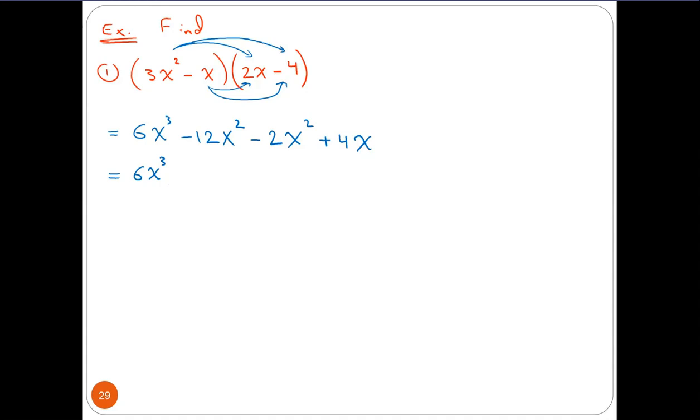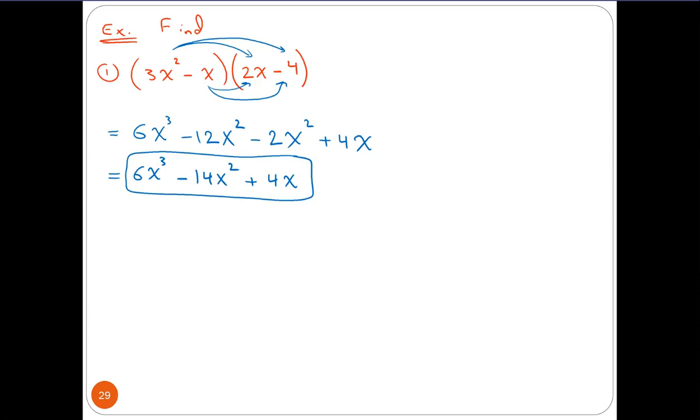After that, we have negative 12 and negative 2, because we have two terms in x squared, so we have negative 14x squared, and we have one term in x. So this is the final and simplified result.